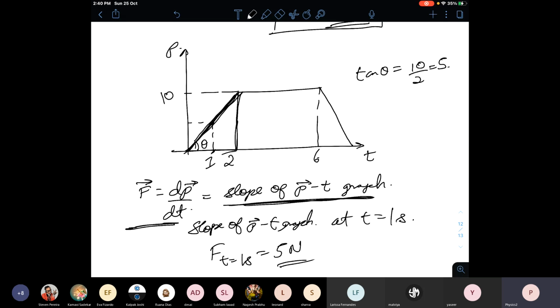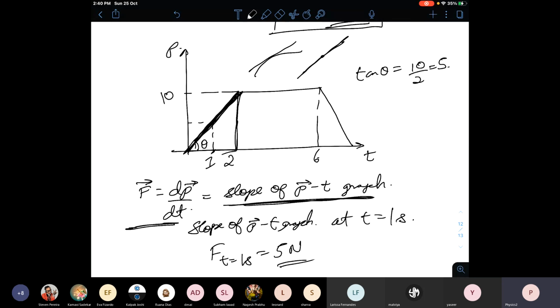A tangent at a point on a straight line is the line itself. If you are drawing a tangent to a curve, it will be some different line, but if it is already a straight line, the tangent will be the same straight line.